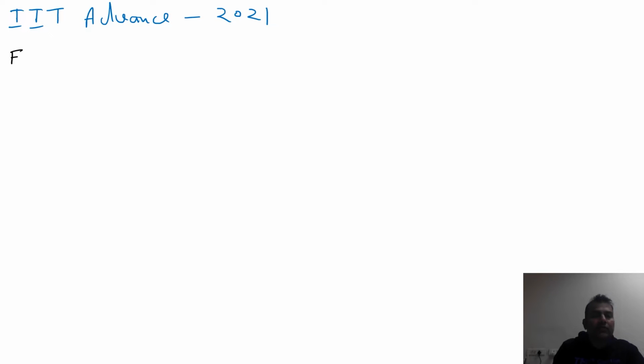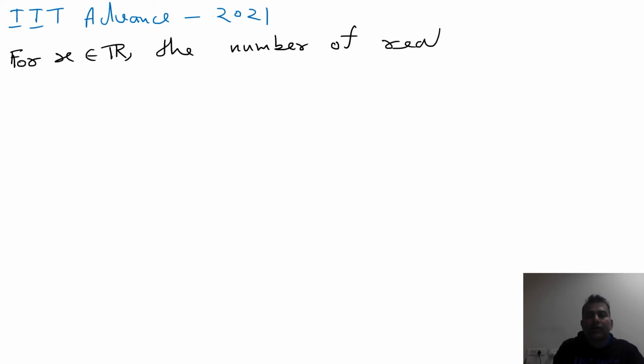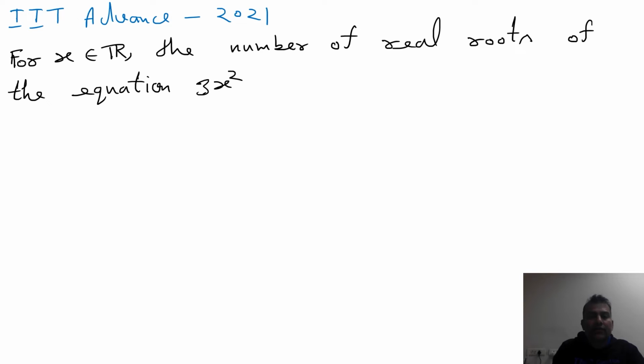So the question is, for x belongs to R, what is the number of real roots of the equation 3x square minus 4 mod of x square minus 1 plus mod of x minus 1 equals 0.